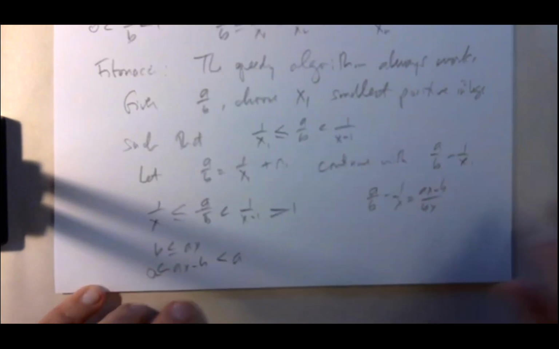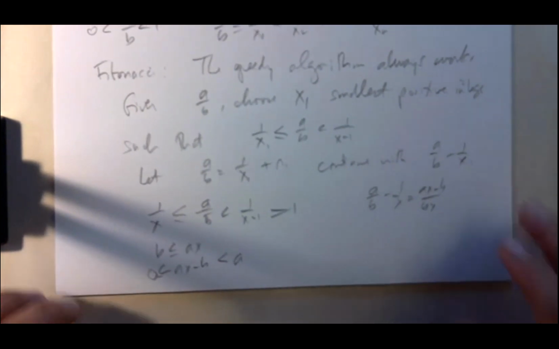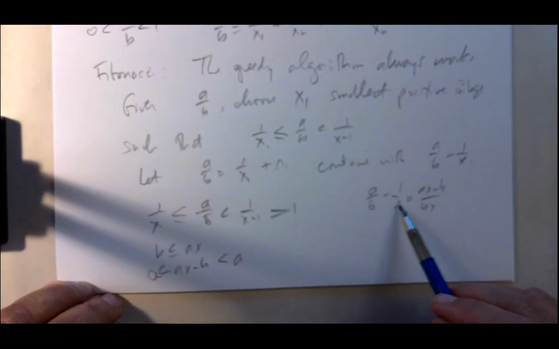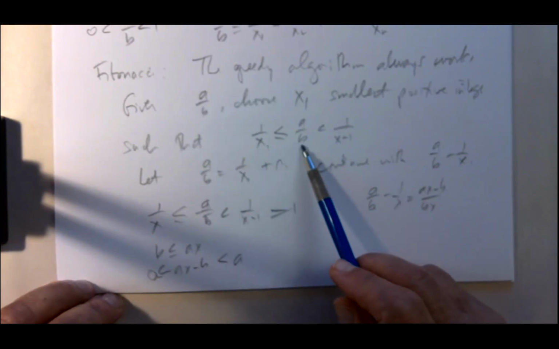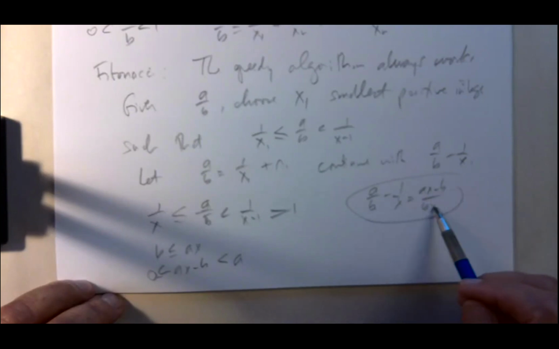So I have my fraction A over B. I choose the largest unit fraction 1 over x that's less than or equal to A over B, and then I look at the difference. And the difference is again a fraction.